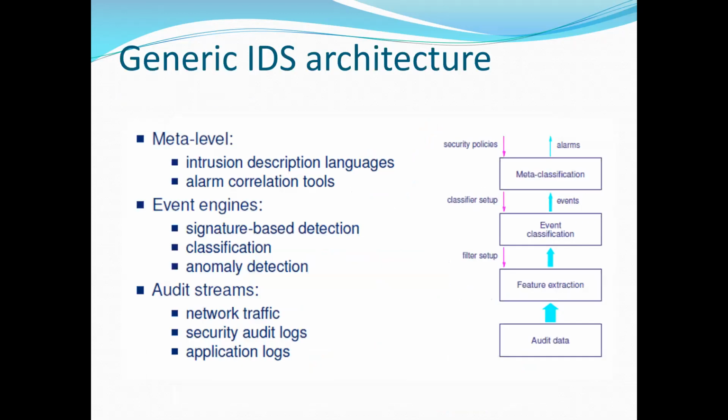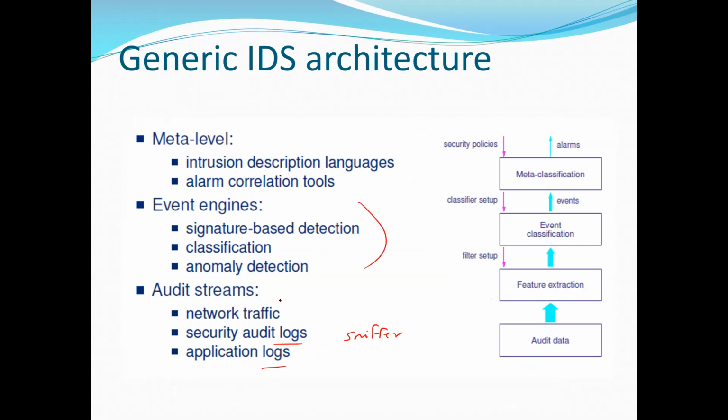Now, the architecture. I've talked about this basically: what is the architecture of a NIDS? First, you audit the streams, that's the sniffer. You can also audit logs, application logs, etc., but that's the part that gets the data.